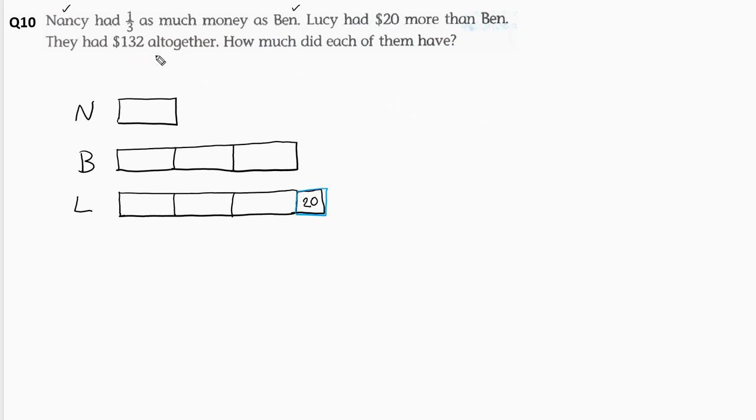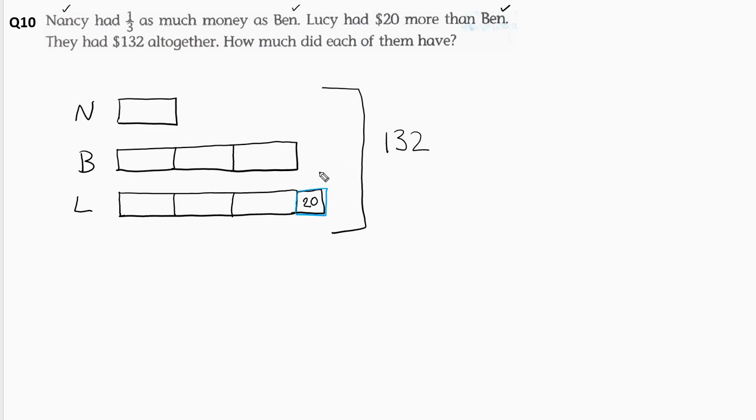Okay, what else are we told? Well, we've captured that bit. They had $132 altogether. That means that this whole model has a value of 132. Now, how do we work out what each of these parts is worth?